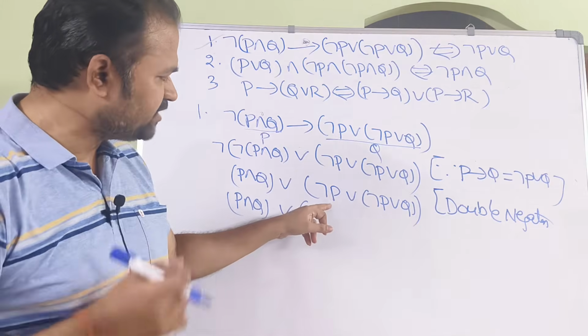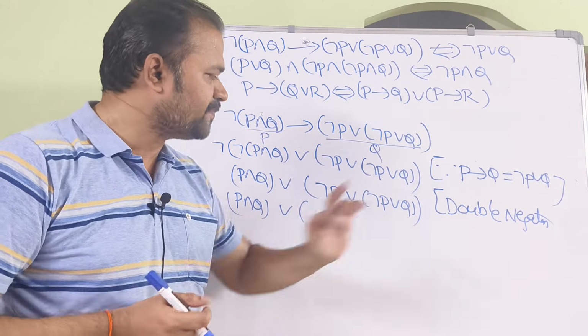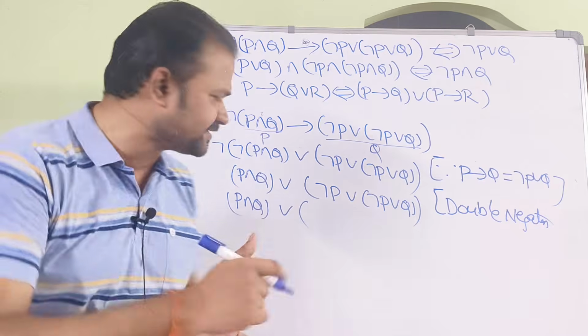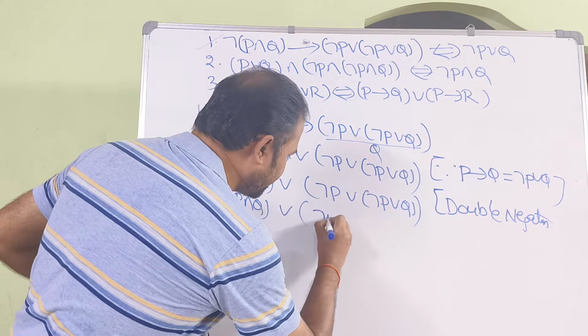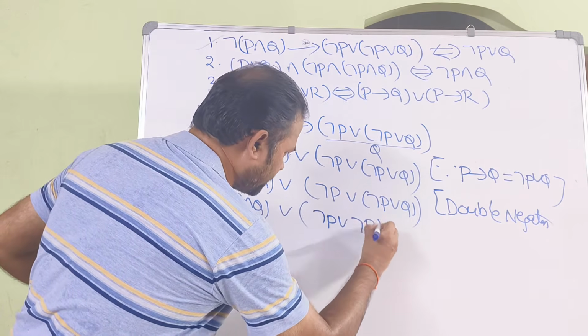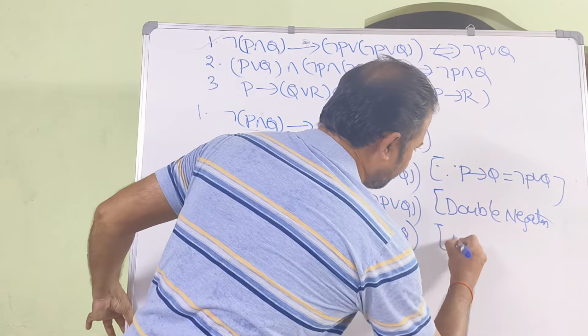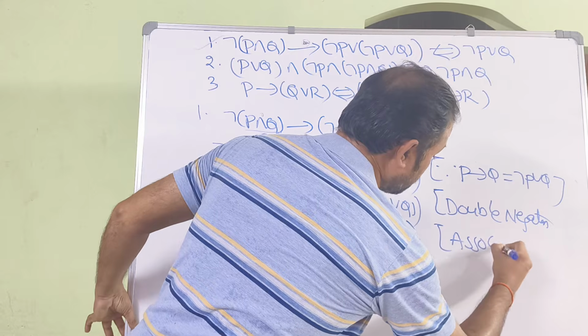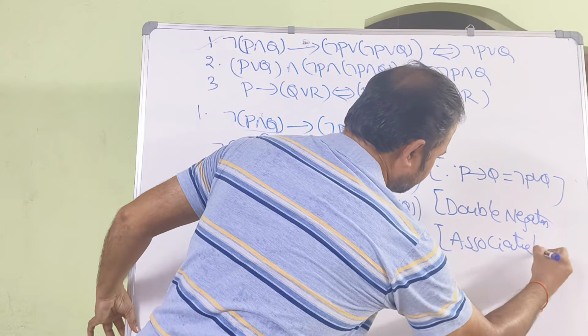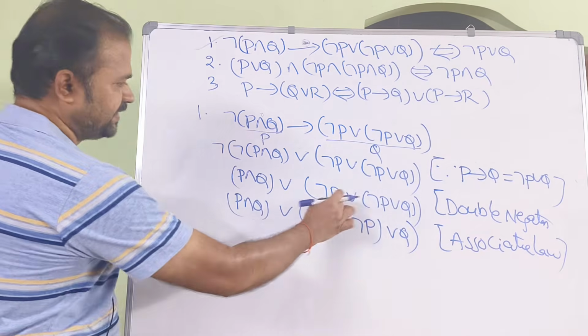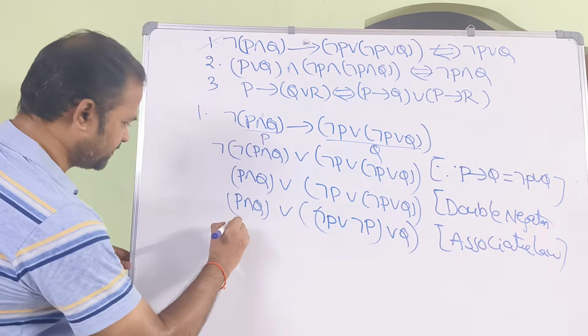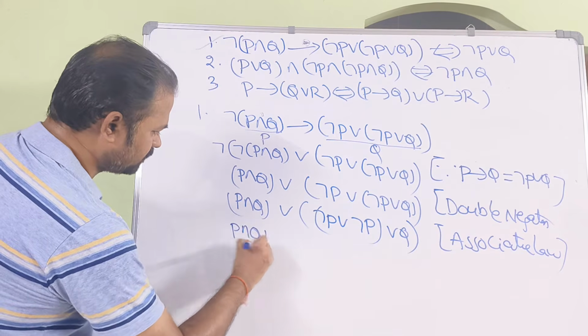What is the associative law? A or (B or C) can be written as (A or B) or C. So we get (negation P or negation P) or Q. Which law are we applying? The associative law, because these two are the same symbols.